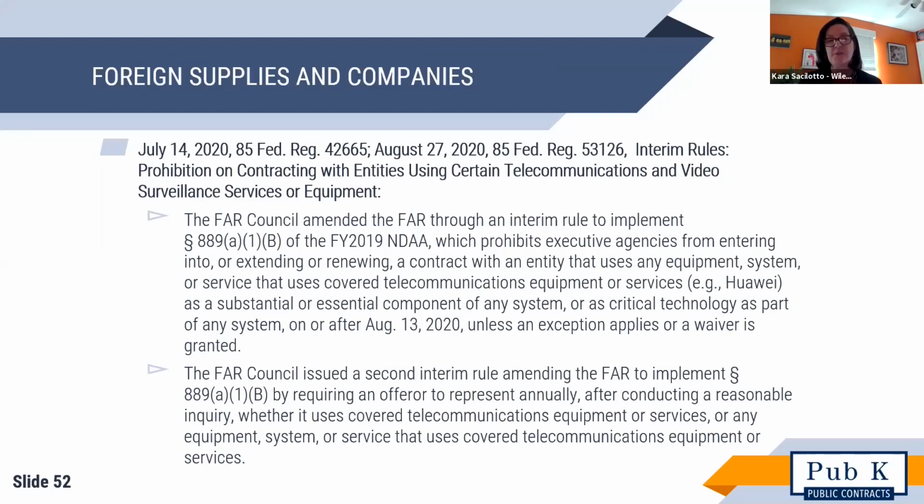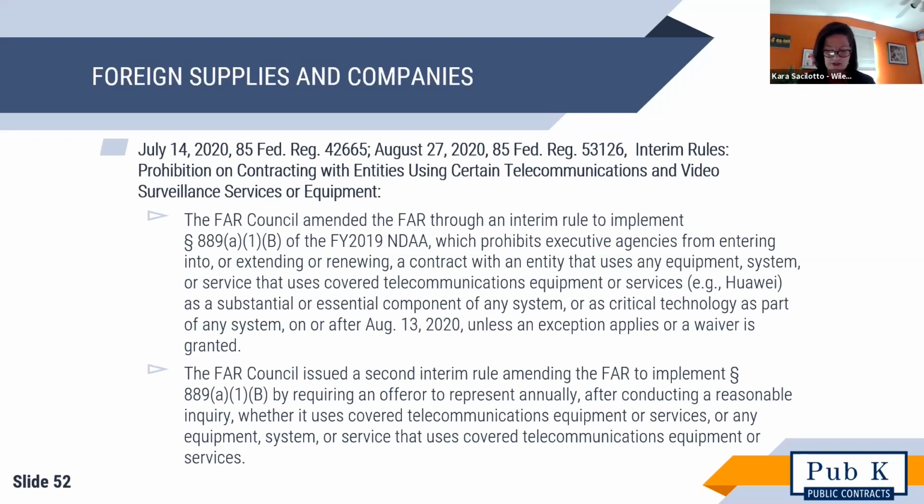Okay, we are leaving small businesses and making a 360 turn almost to foreign supplies and companies. And I want to spend a little bit of time, but certainly not as much time as these two interim rules deserve, talking about these interim rules that implement section 889 of the fiscal year 19 NDAA.